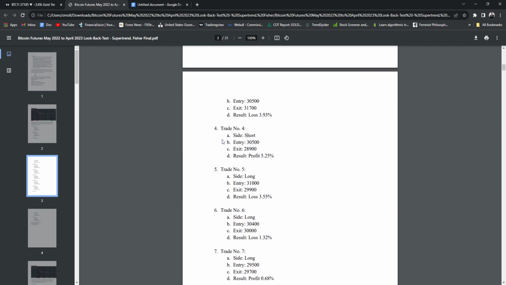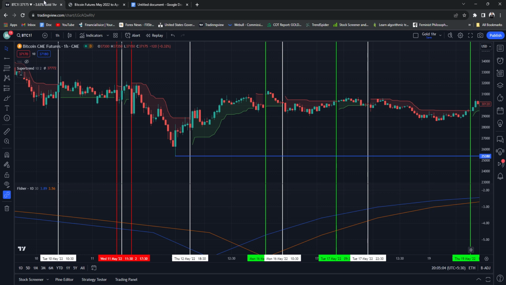Let's look at another losing trade. In trade number five, which is again similar to this short trade, the Fisher has turned, and we are looking for bullish trades now.